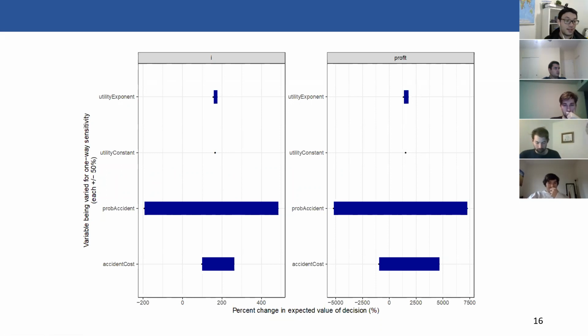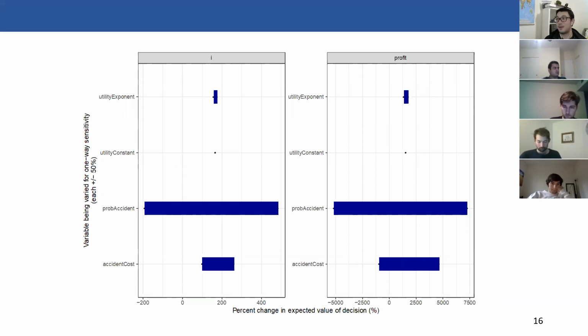And the cost is important, but the most sensitive parameter is the probability of the accident actually occurring. And again, in this kind of simple example, it's somewhat intuitive because you can go back and figure out the relative weighting on your outcome just by the magnitude of your particular parameter.